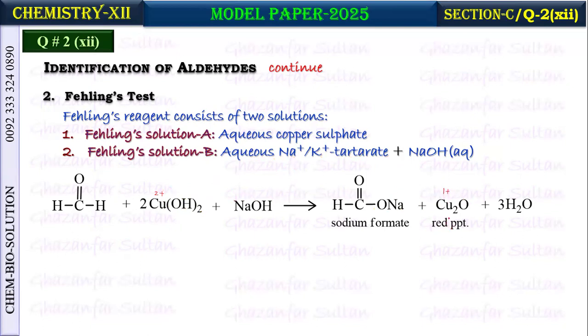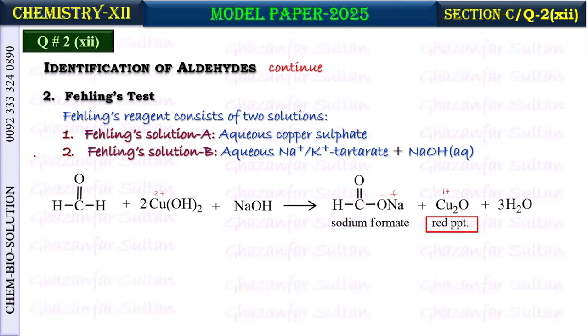Due to this reduction process, we obtain copper(I) oxide, which is red in color. And we obtain the respective carboxylic salt, because it is an alkaline medium, so instead of the acid, we obtain the salt. So we obtain the red precipitate of this compound.